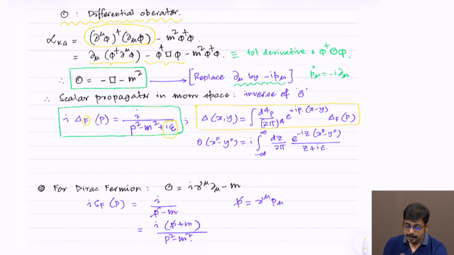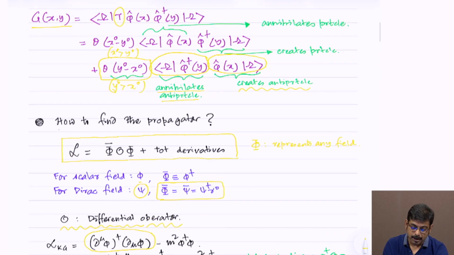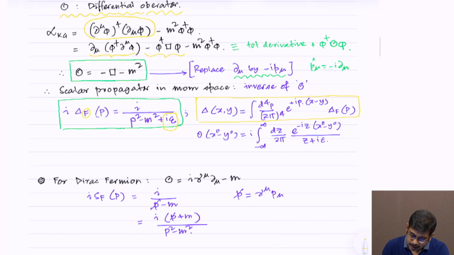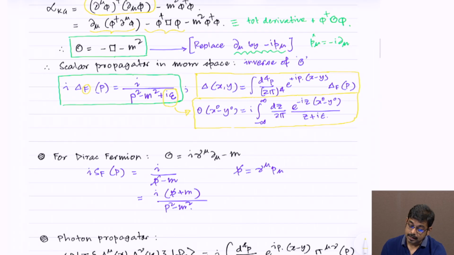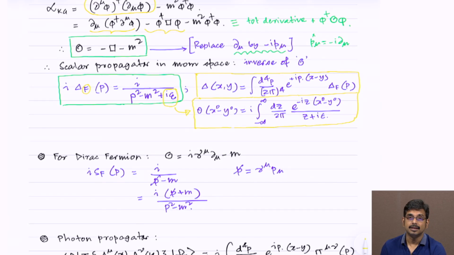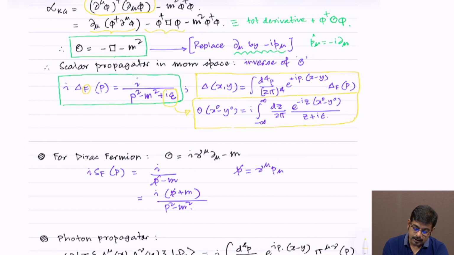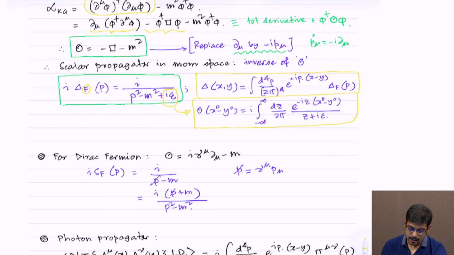This essentially comes from the fact that we have to take the Fourier transformation of this theta(x0 minus y0) also, and it turns out that when you take this in the complex plane, then this theta(x0 minus y0) can be written as i times the integral from minus infinity to plus infinity dz by 2 pi, e to the power minus iz(x0 minus y0), divided by z plus i epsilon. So this is the reason that we have this plus i epsilon sitting in the denominator.